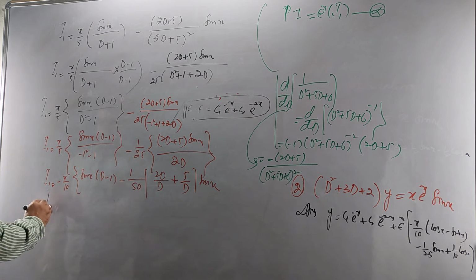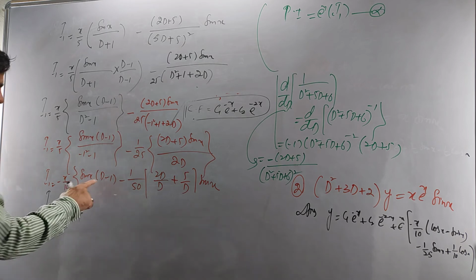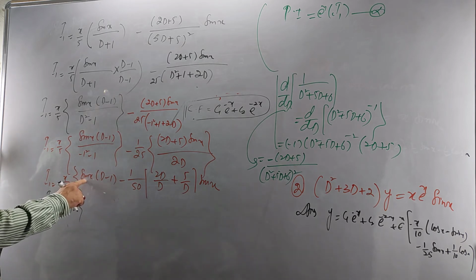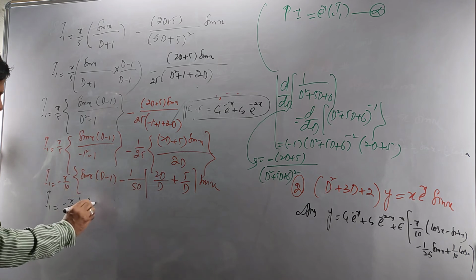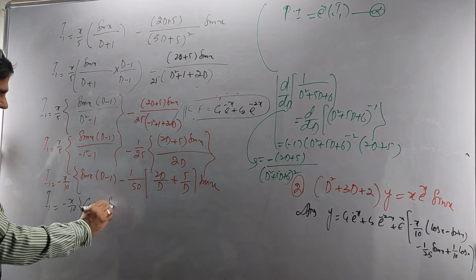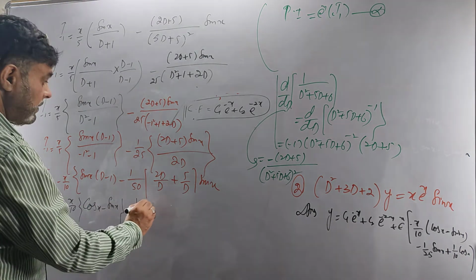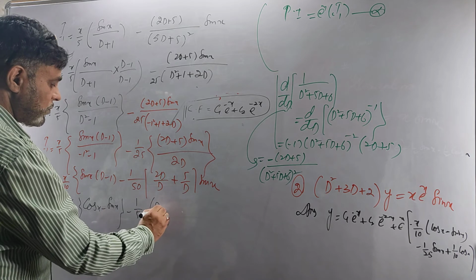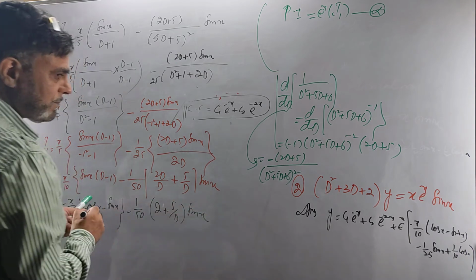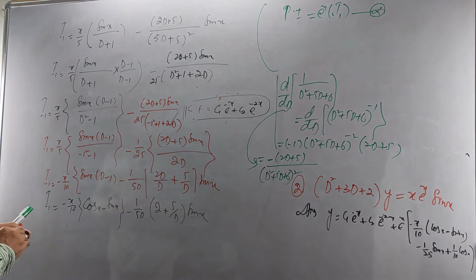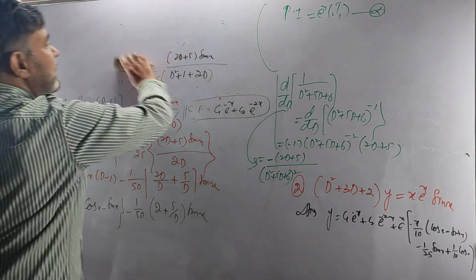Now what is this now? It is I1 is minus x by 10 d of sine x. When you operate, take this left side, d of sine x, derivative of sine x, it is cos x minus sine x. Then minus 1 by 50, it is d d cancel, it is 2 plus 5 by d of sine x. Just see now I1.